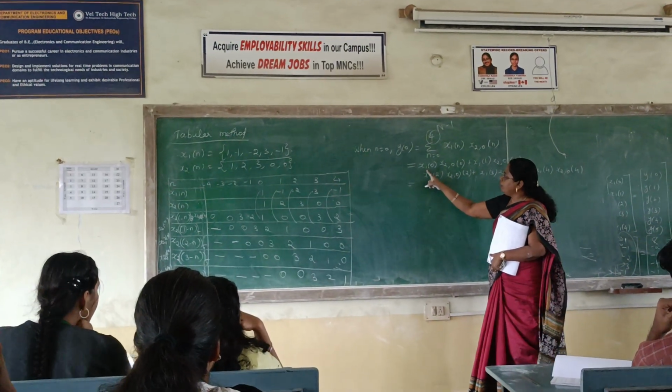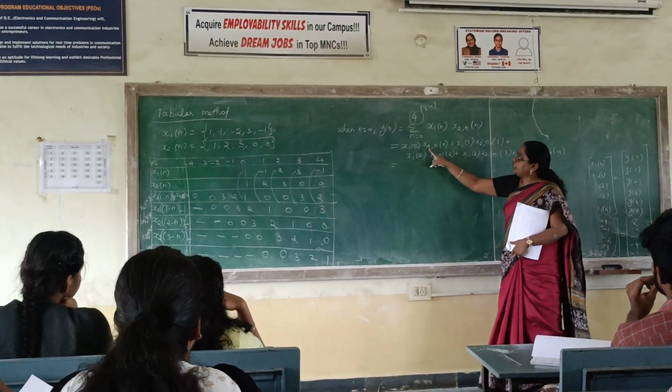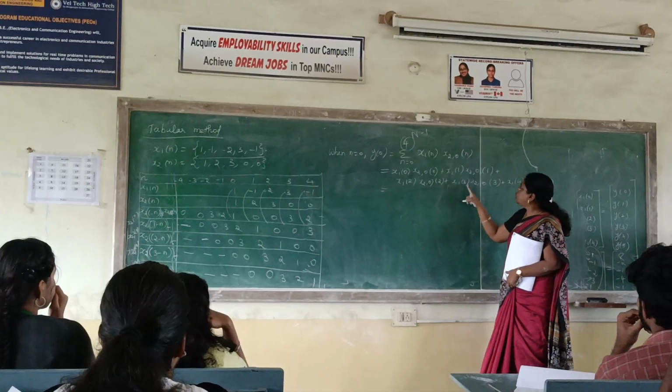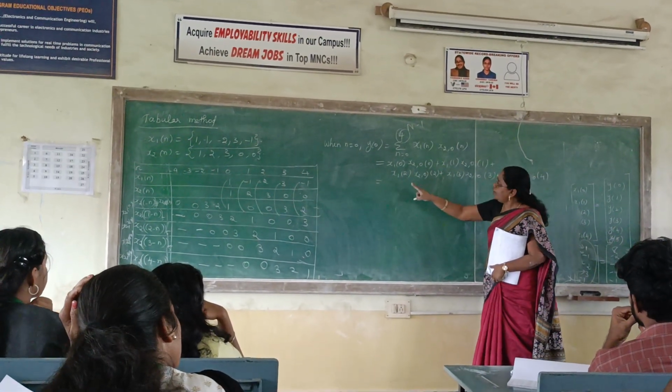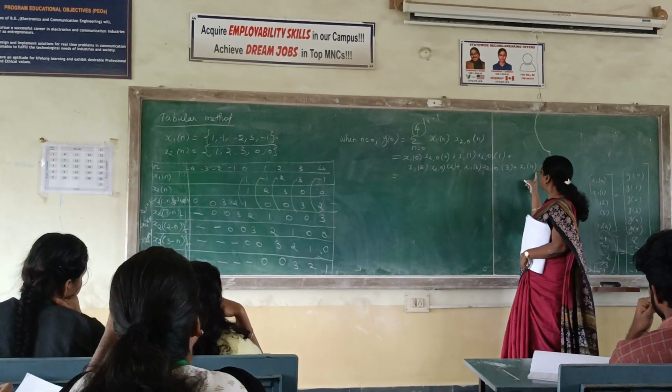So how are we supposed to write the formula here? x1 of 0 into x2 comma 0 of 0, similarly up to x1 of 4: x1 of 0, x1 of 1, x1 of 2, x1 of 3, x1 of 4.